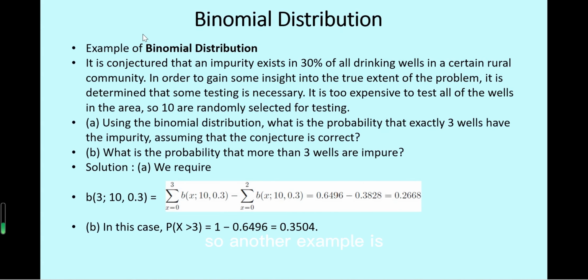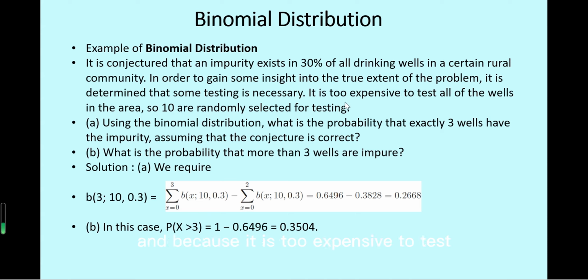Another example: it is conjectured that an impurity exists in 30% of all drinking wells in a certain rural community. In order to gain some insight into the true extent of the problem, it is determined that some testing is necessary.